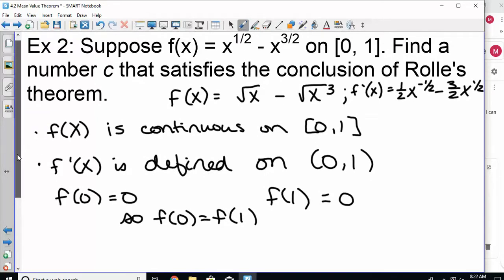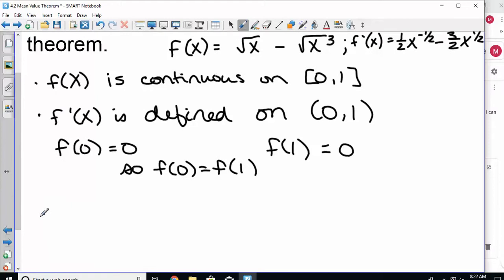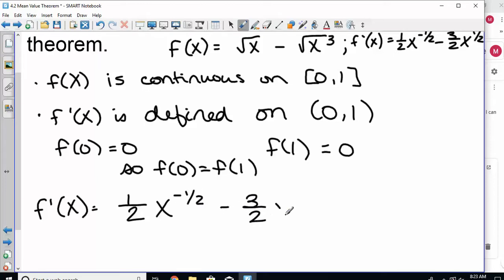If those three conditions are met, then what does Rolle's theorem tell us? There is a point where the derivative is 0. So we have to set our derivative equal to 0. The derivative is 1/2 x to the negative 1/2 minus 3/2 x to the positive 1/2.